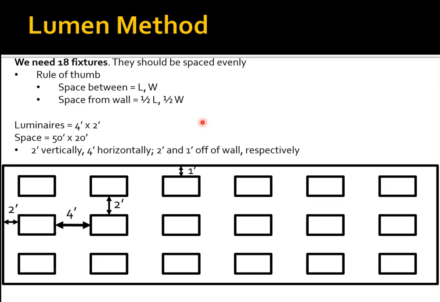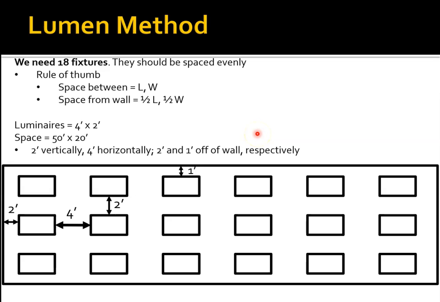So again, back to the beginning, how many luminaires do we need for our office to give us 75-foot candles? We're going to need about 18 of them. And in an ideal world, they would look like this. Now, you can play around with this arrangement. Maybe we could flip these the other direction, but in this case, it works out really perfectly.